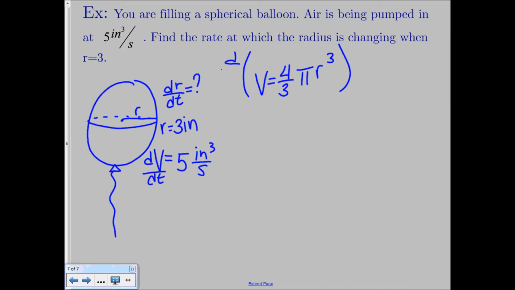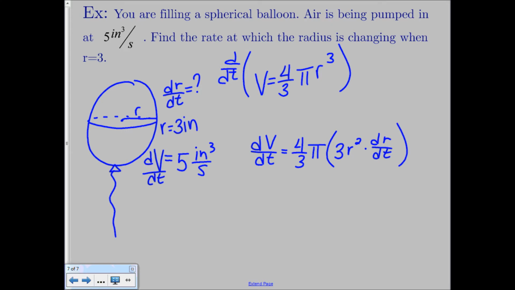So we're going to take the derivative with respect to time. So we're going to get that dV/dt is equal to 4/3 pi, since those are constants, they're not going to change, times the derivative with respect to t of r cubed. So we're going to get 3r squared times dr/dt. Now we're just going to plug in and simplify a little bit.